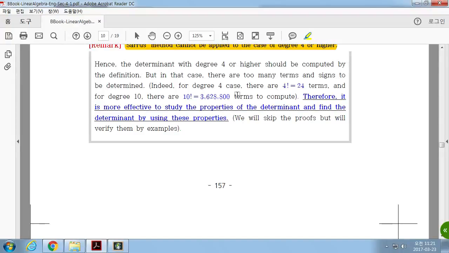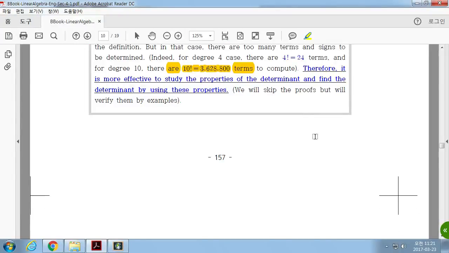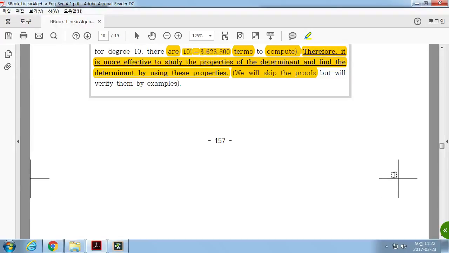So it's impossible for larger matrices. We should find a better, general way to calculate the determinant of a matrix of large size. So we have to study the properties of the determinant to help us compute it.